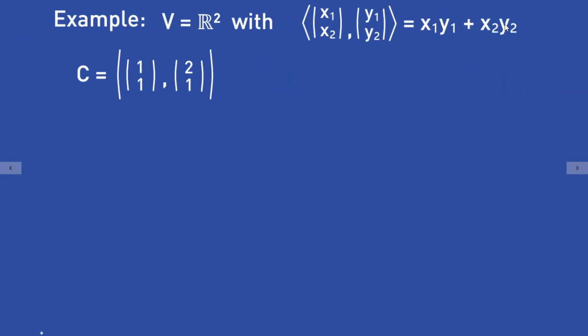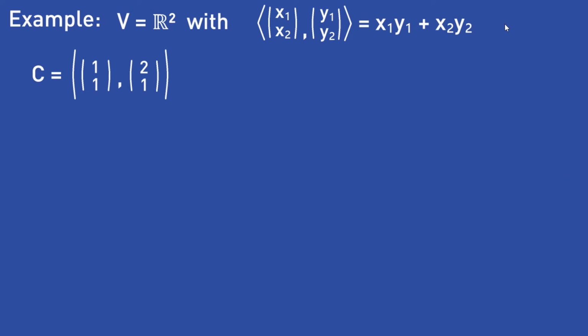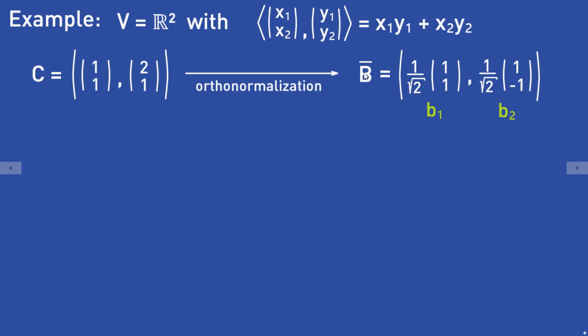In one of my last videos, we used the Gram-Schmidt orthogonalization process on that basis C here and got the following orthonormal basis b bar. So b bar is equal to that here, and this here is the vector b1 and that here is the vector b2. So this here is an orthonormal basis of R2, and we calculated it by using the orthonormalization process on that basis C here.